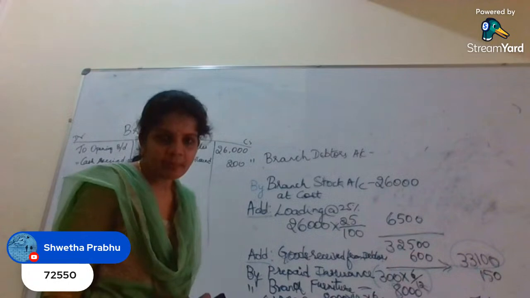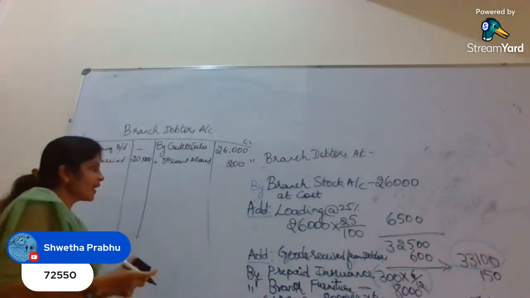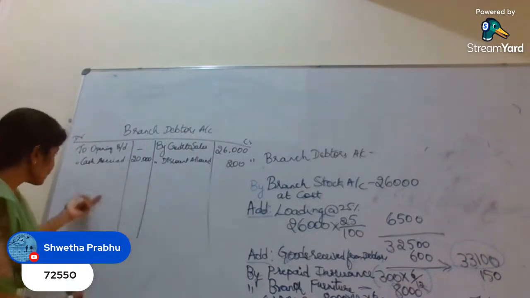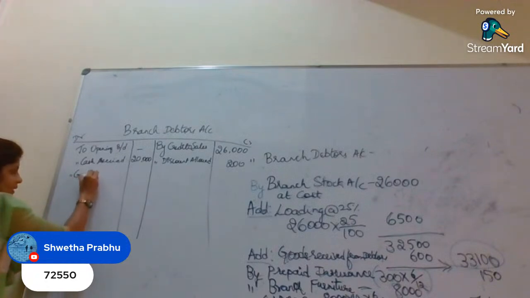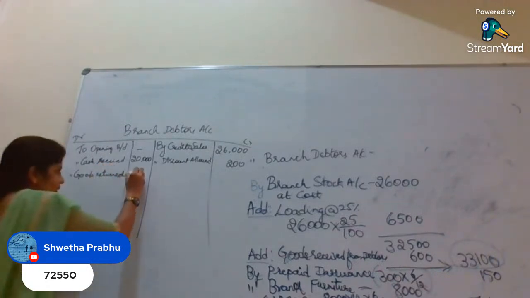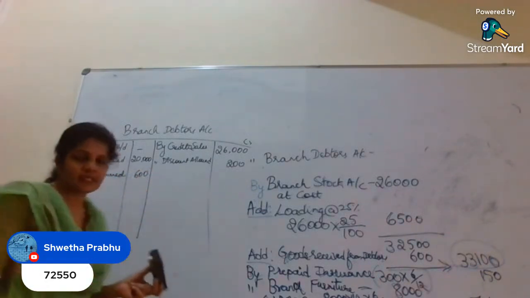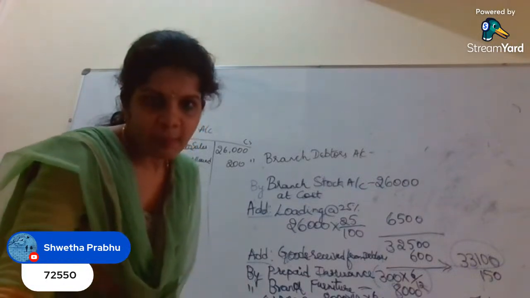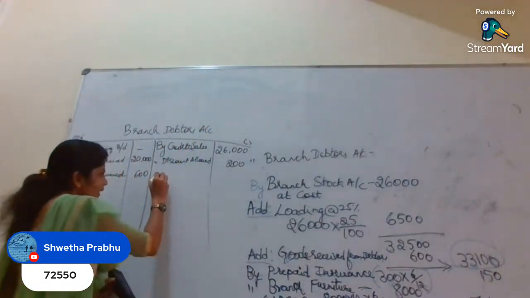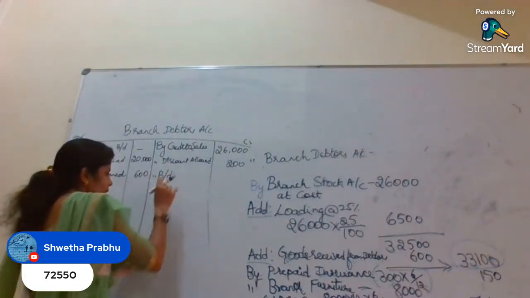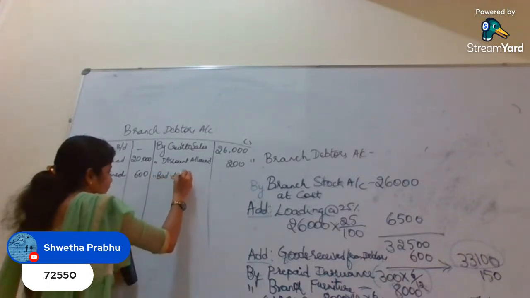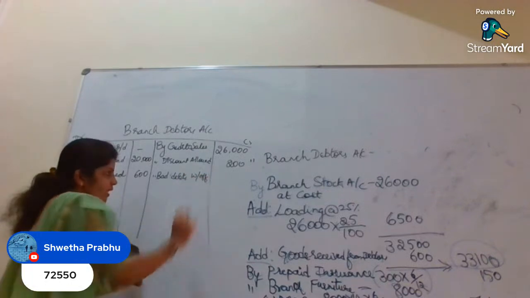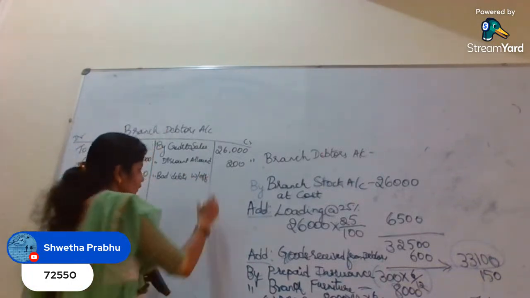Next, goods returned by debtors. We have made sales of 26,000, but goods returned by the debtors will be credited to goods returned, and these goods returned are at the invoice price. Correct. Next, 600. Further, bad debts written off, which is 50 rupees.